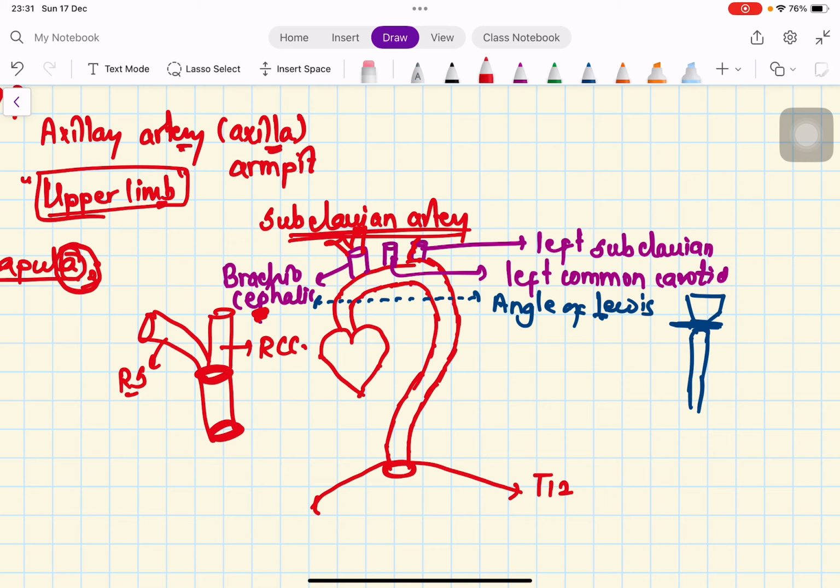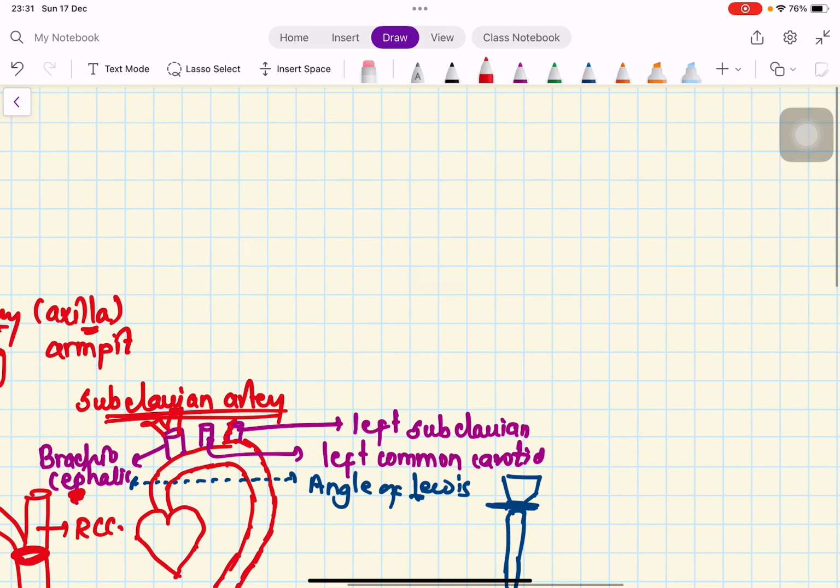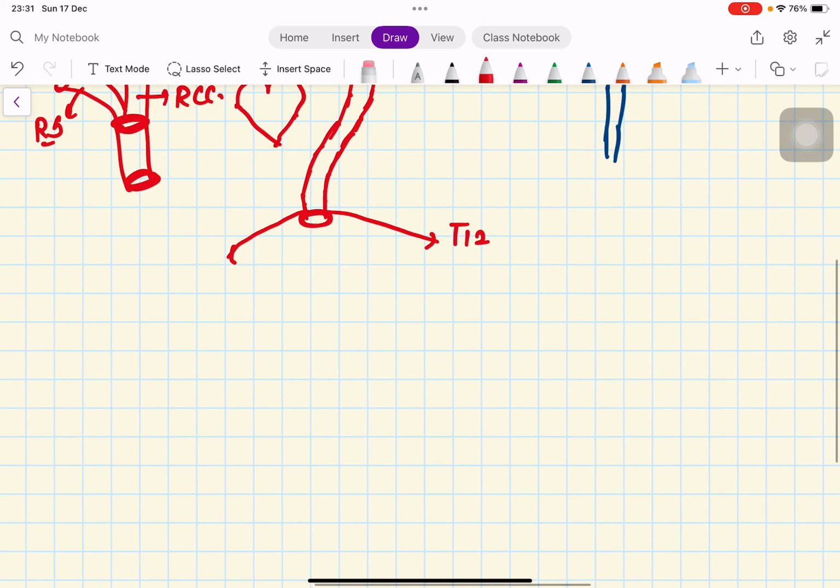Now let's talk about the subclavian artery.